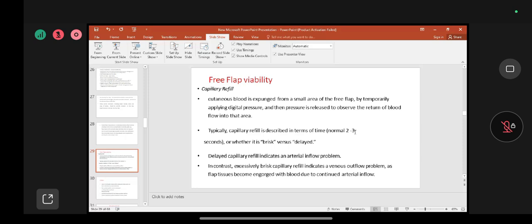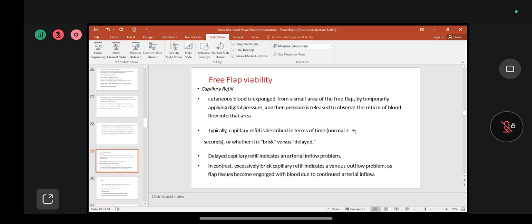To check free flap viability, we can use the capillary refill test. Cutaneous blood is expunged from a small area of the free flap by temporarily applying digital pressure, and then the pressure is released to observe the return of blood flow into that area.